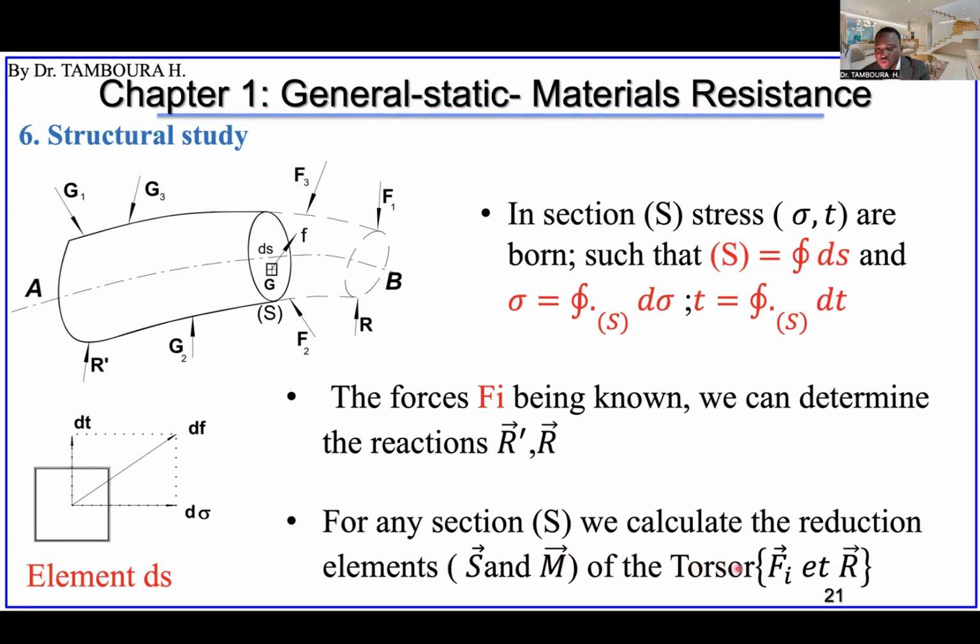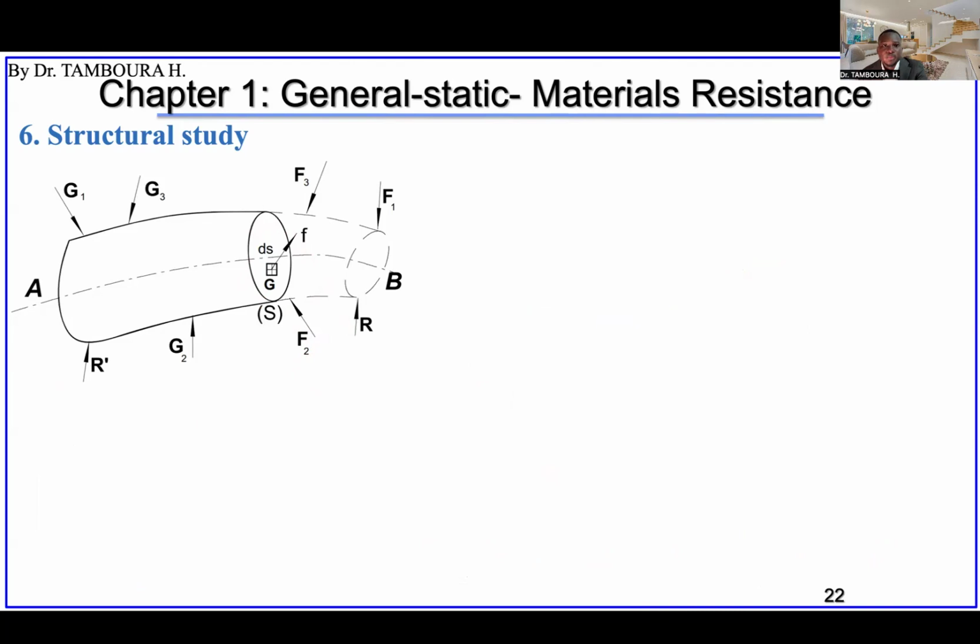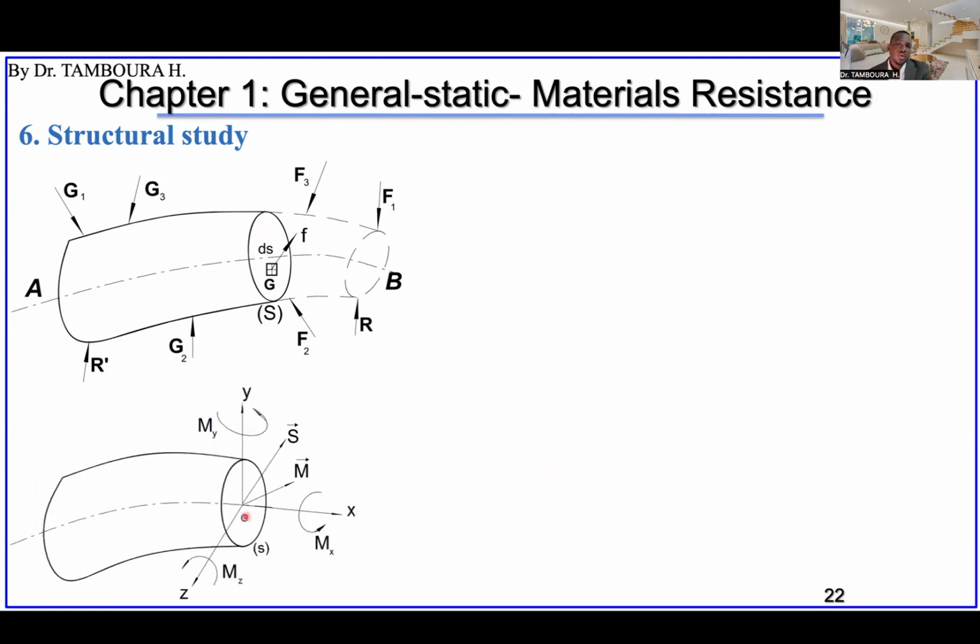And the torsor means the combination of the forces Fi and the reactions. So for each section of our beam or column or anything, we can have this element. Okay. Let's say now, consider that we have this same section here.